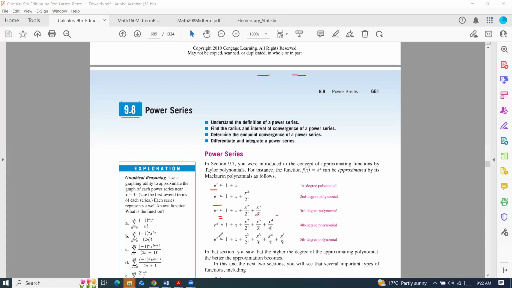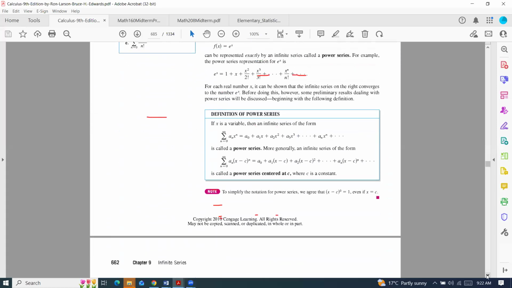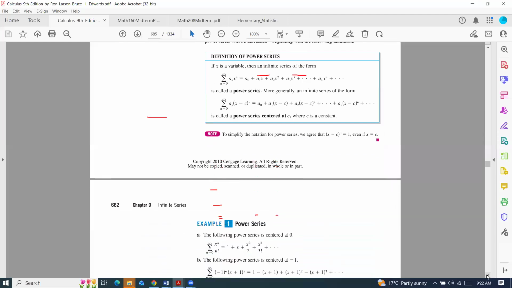And the question is, are they always going to converge? All of this series, are they going to be having finite sum or infinite sum? And that's what they call power series. That's more general type of a problem that deals with not just one series, but with infinitely many series decomposition.